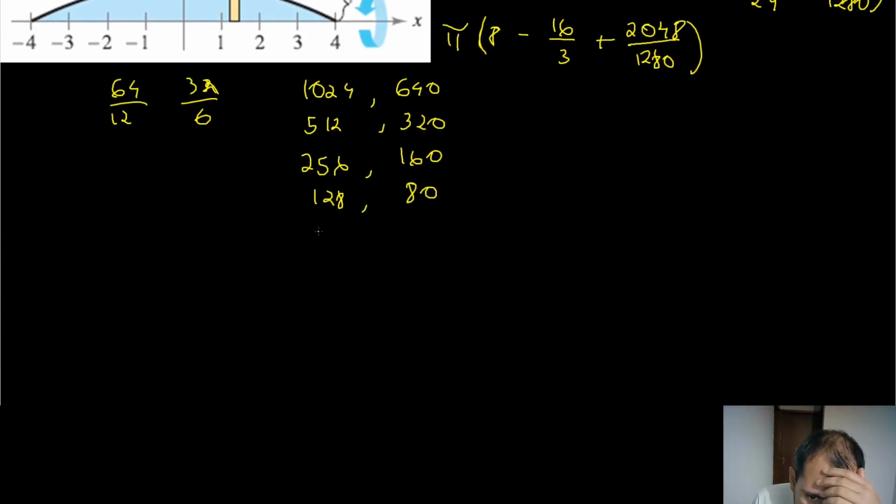Dividing everything by 4, we get 32 over 20, then 16 over 10, 8 over 5. So this is going to be 8 over 5.